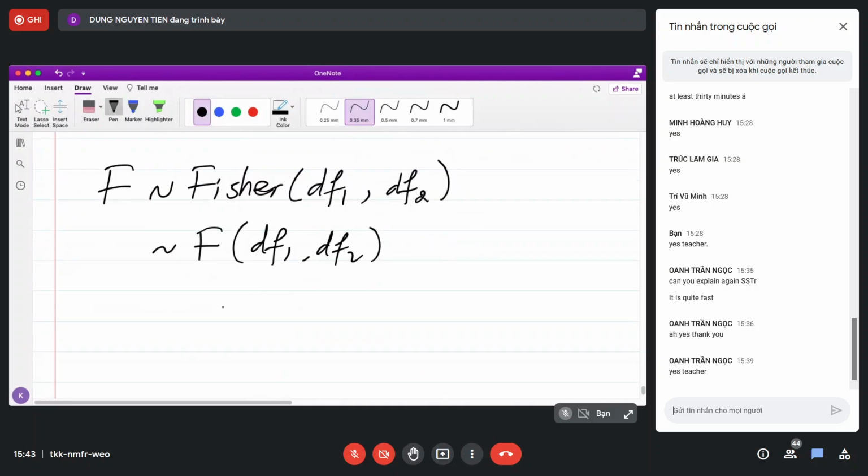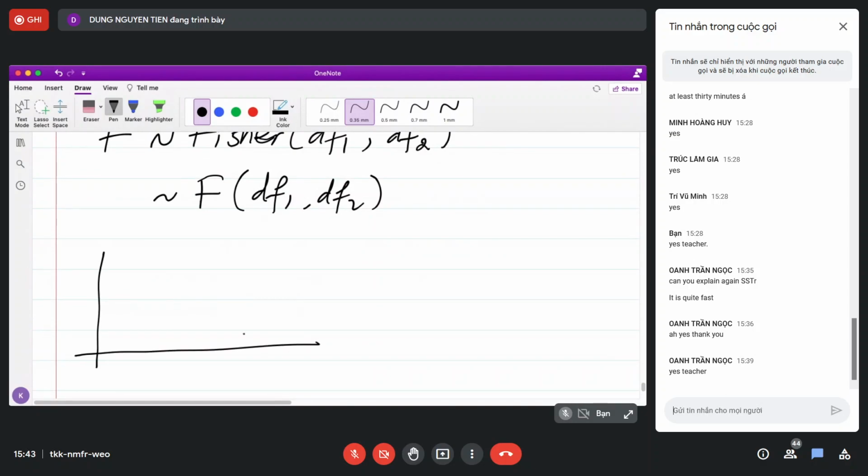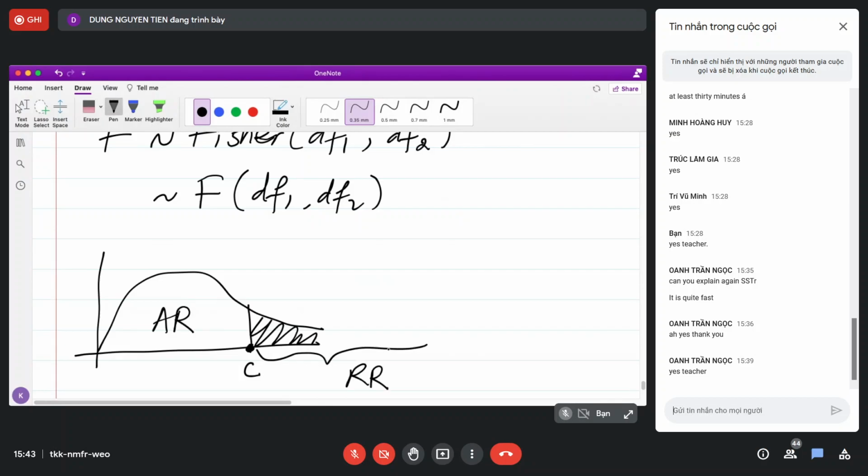Okay. And the Fisher distribution looks like this. You come up with this value, and we say that this is too big. You say that it is too big if F is greater than C. So we come up with the acceptance region, and the rejection region is over here, all right. And this area is the probability that you make a mistake by rejecting the null hypothesis, right?